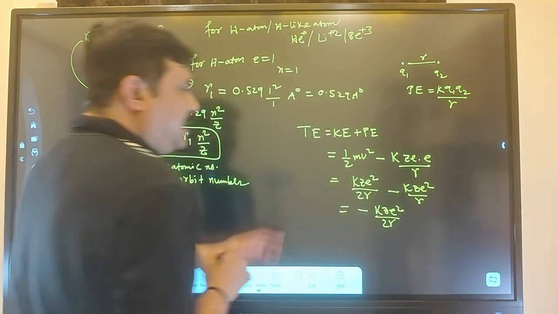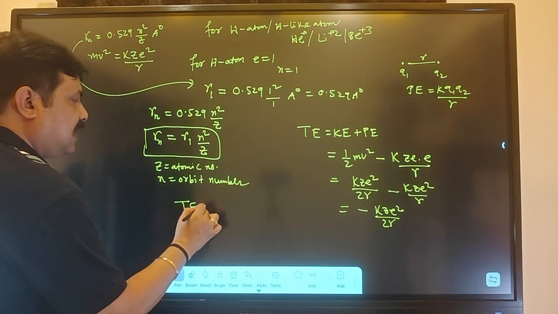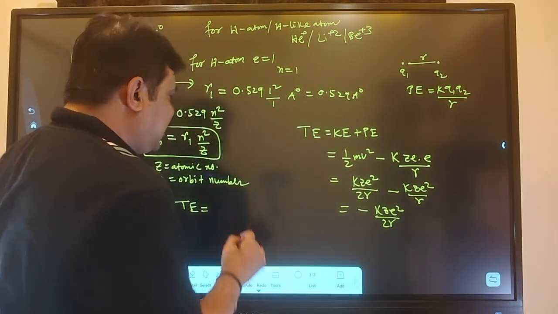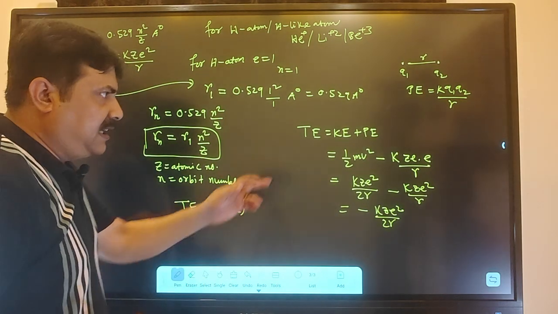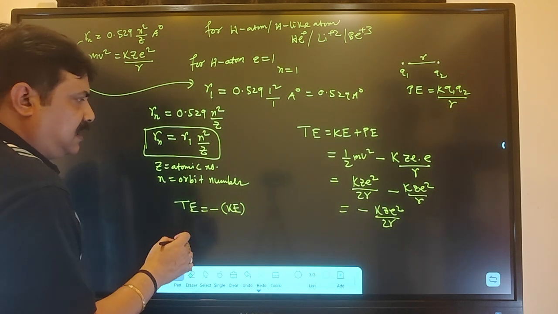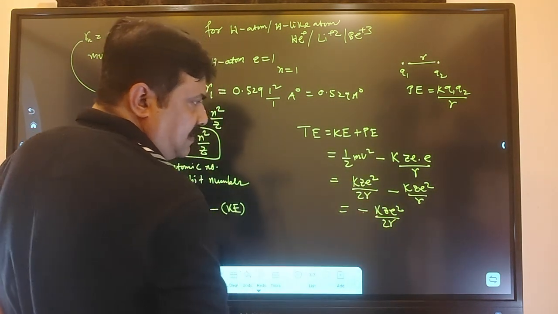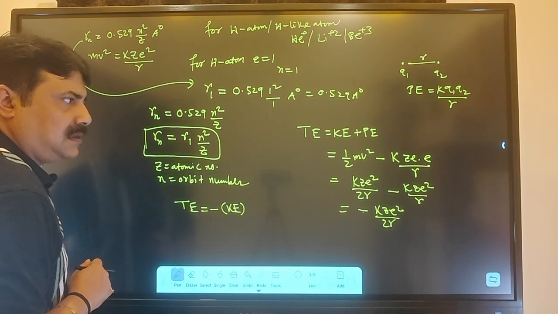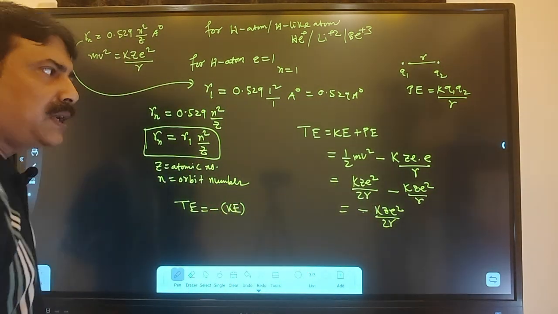So my total energy, you look at kinetic energy kZe square by 2r, then total energy equals minus of kinetic energy. The kinetic energy is this same value, only before that the minus sign is there. So total energy equals minus of kinetic energy. If you put the negative sign before kinetic energy, you will get the total energy.